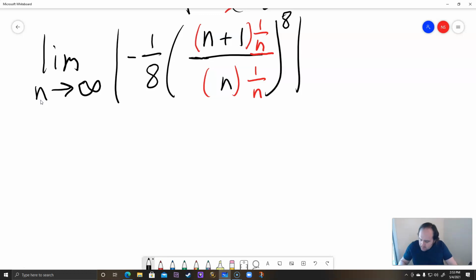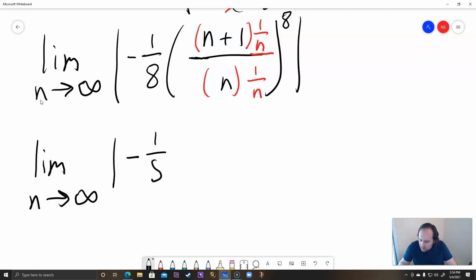Okay. And so then everything else is going to be the same, but a bunch of stuff's going to simplify now. So we're going to have the limit as n goes to infinity of the absolute value of negative 1/8 times, distributing the 1 over n on the top, we get 1 plus 1 over n over n times 1 over n is 1.